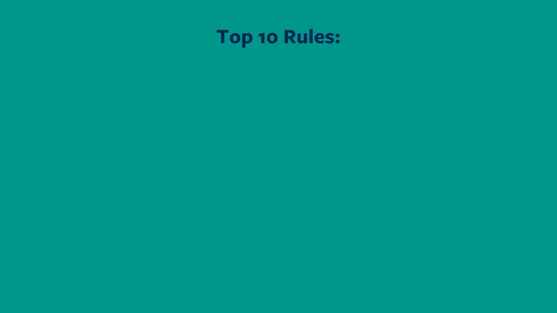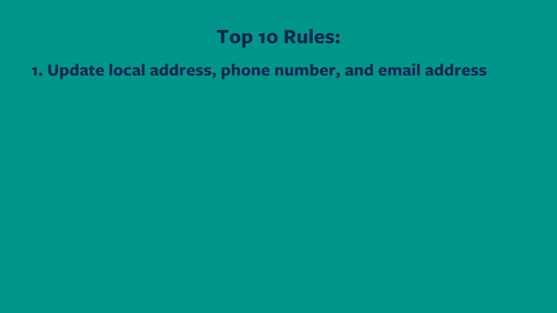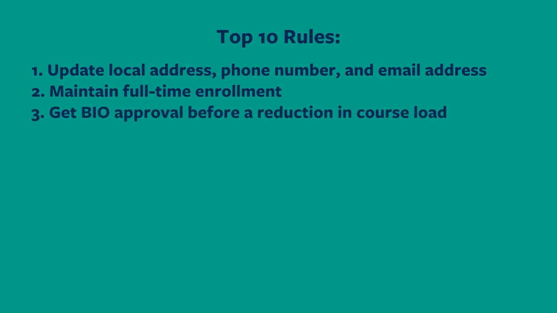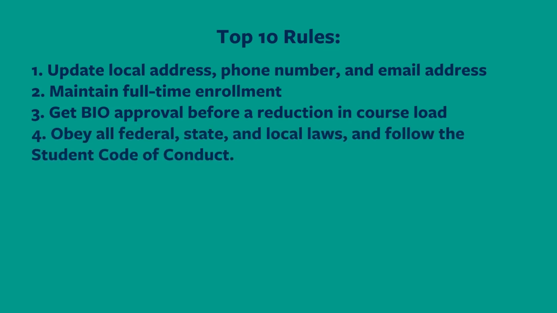So, let's quickly recap the top 10 rules you must follow to properly maintain your F1 or J1 student visa at UC Berkeley. Always update your local address, phone number, and email address. Maintain full-time enrollment. Get Bio approval before a reduction in course load or withdrawal. Obey all federal, state, and local laws and follow the Student Code of Conduct.